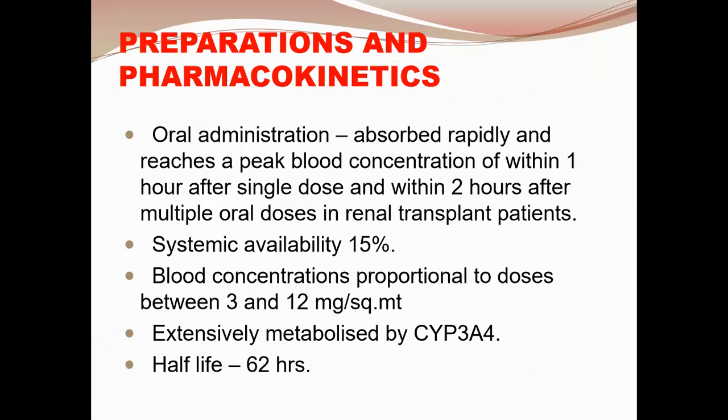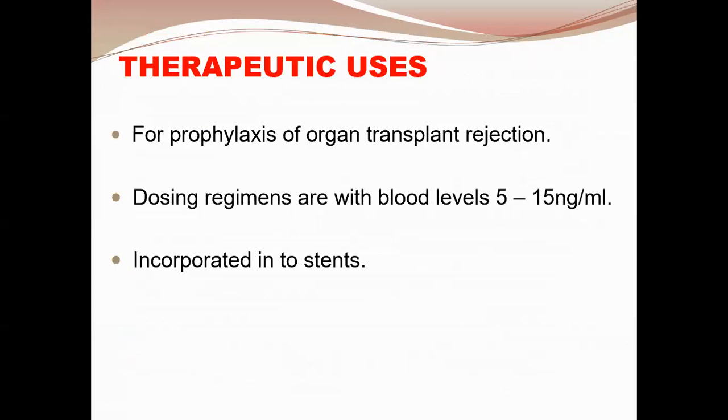The systemic availability is 15%, the blood concentrations are proportional to doses between 3 and 12 milligrams per square meter body surface area, it is extensively metabolized by cytochrome 3A4, and it has a plasma half-life of 62 hours. Sirolimus is also called rapamycin.